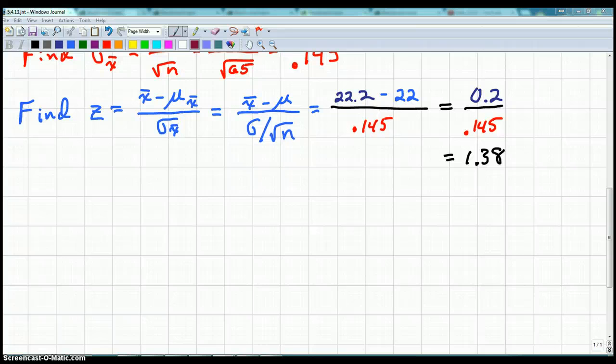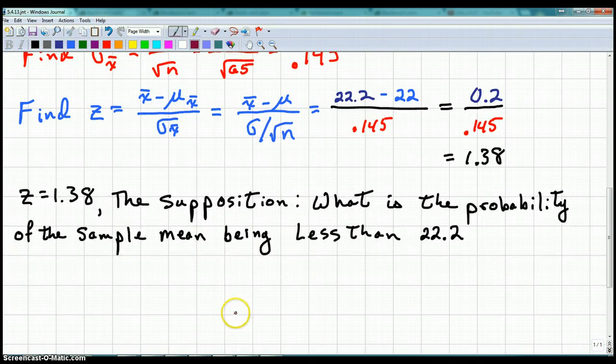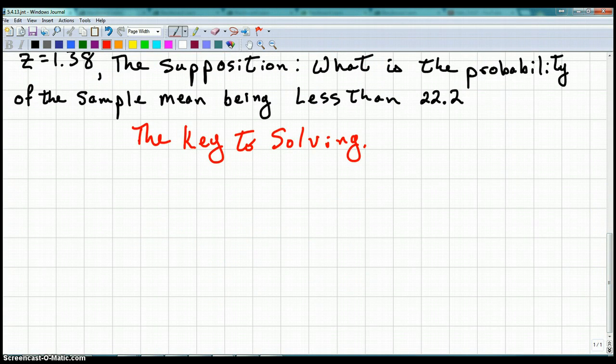So if the z-score is equal to 1.38, then the supposition, what is the probability of the sample mean being less than 22.2, is the key to solving this. And so the next thing that we do is use your z-table, the standard normal distribution.